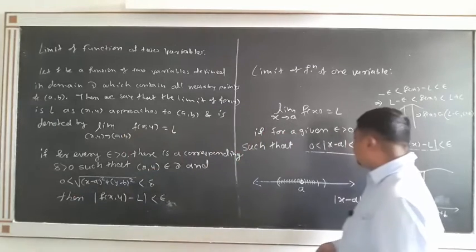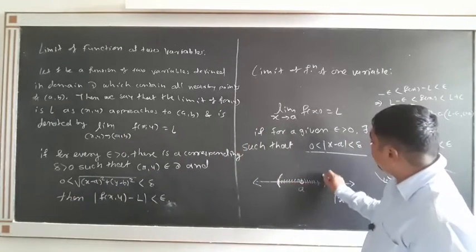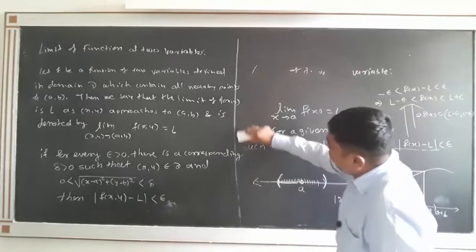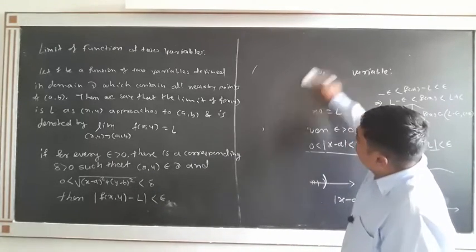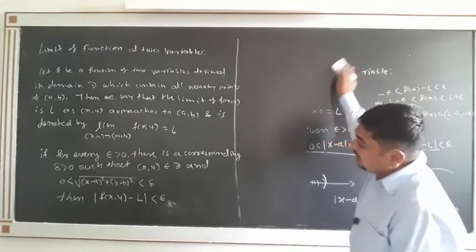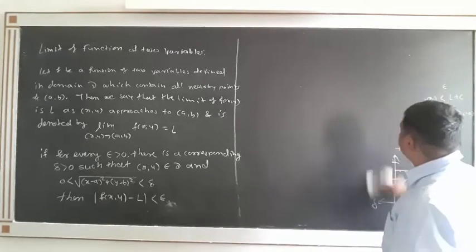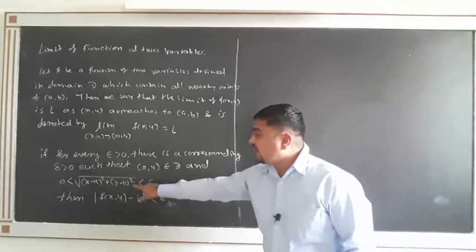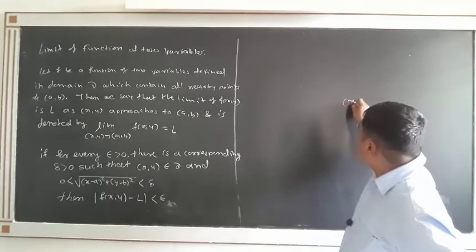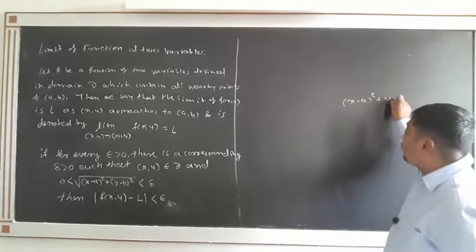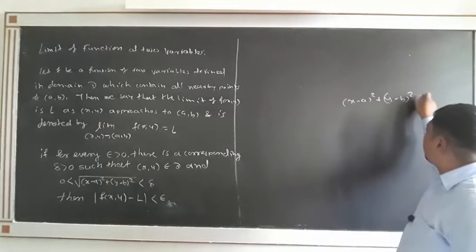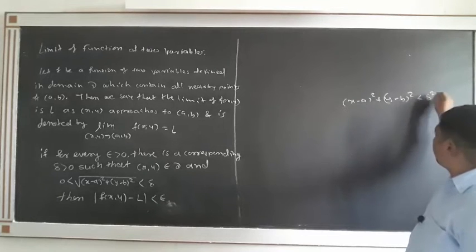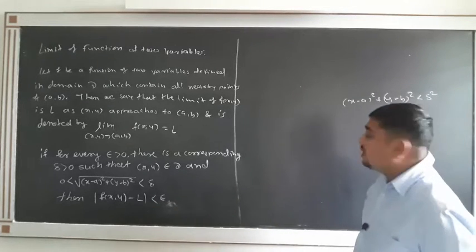Here, if you square both sides, what are we getting? If you square here, then we get (x minus a) squared plus (y minus b) squared is less than delta squared.